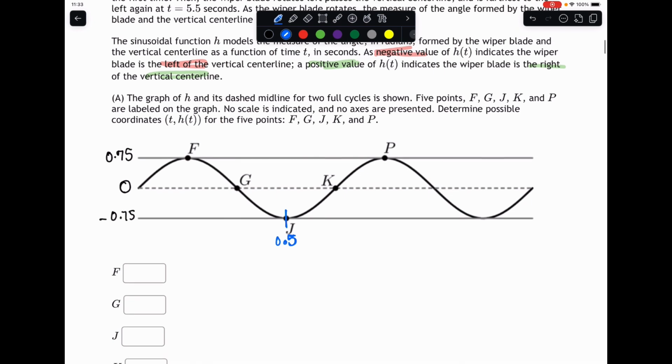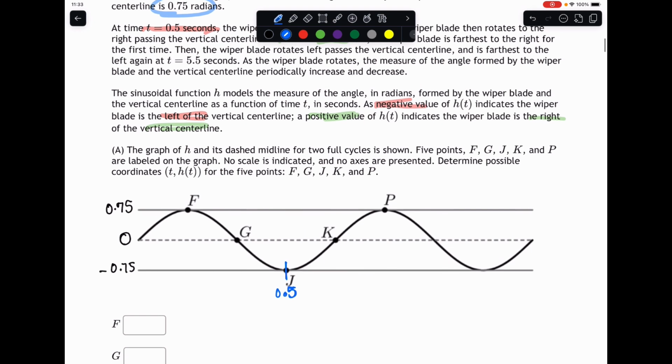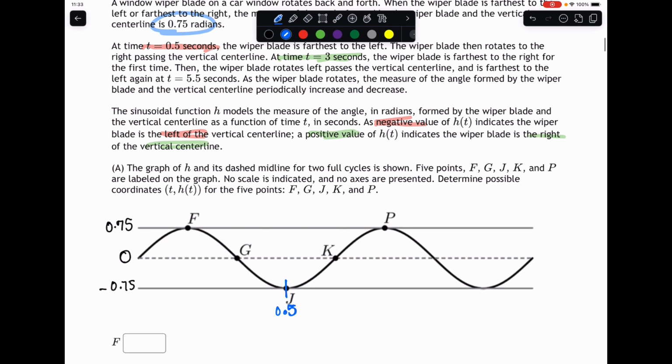Now the wiper blade is going to rotate to the right, and at t equals 3 seconds, here it is, t is equal to 3 seconds.